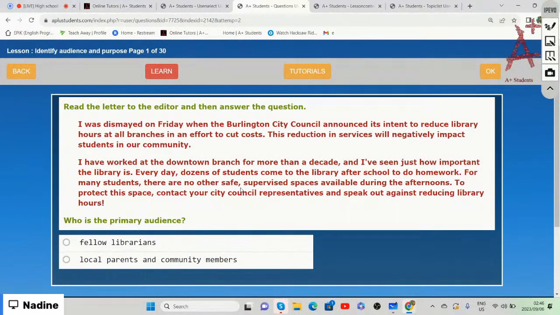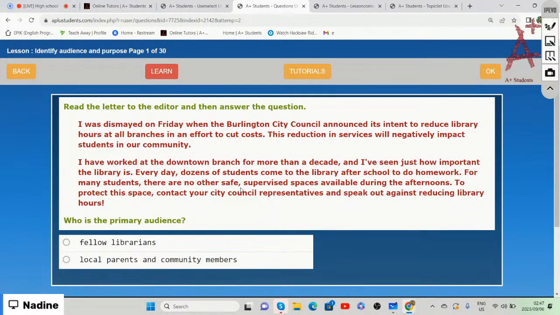I was dismayed on Friday when the Burlington City Council announced its intent to reduce library hours at all branches in an effort to cut costs. The reduction in services will negatively impact students in our community. I have worked at the downtown branch for more than a decade, and I have seen how important the library is.